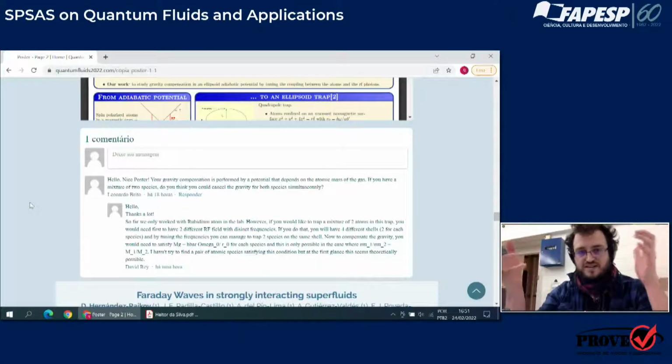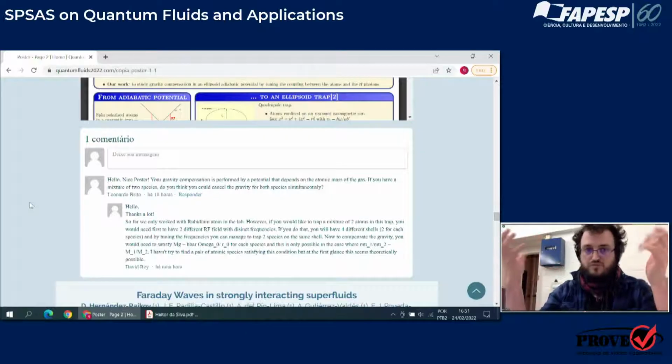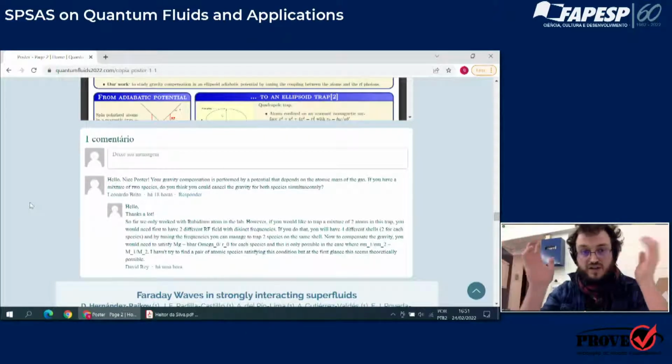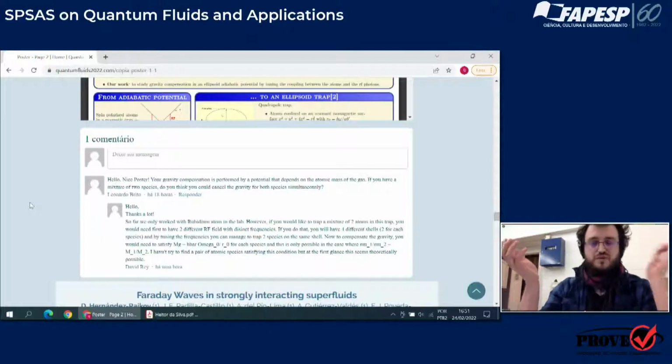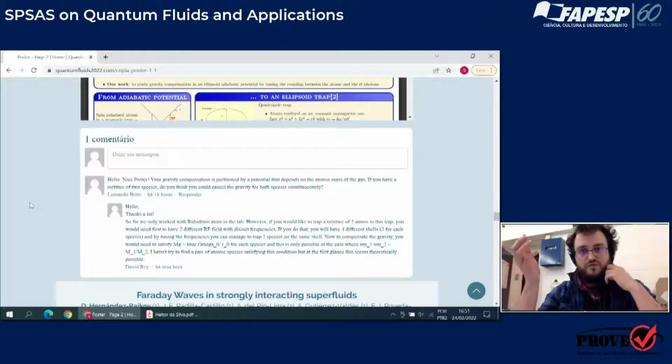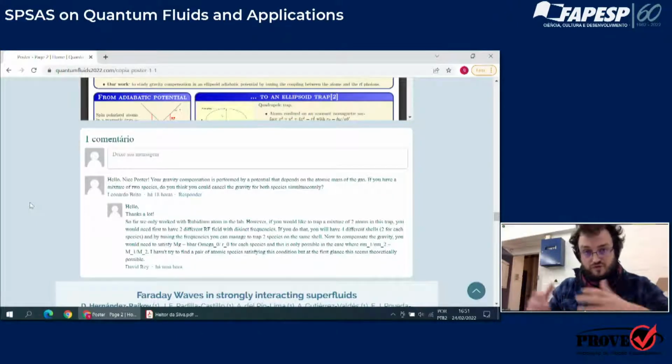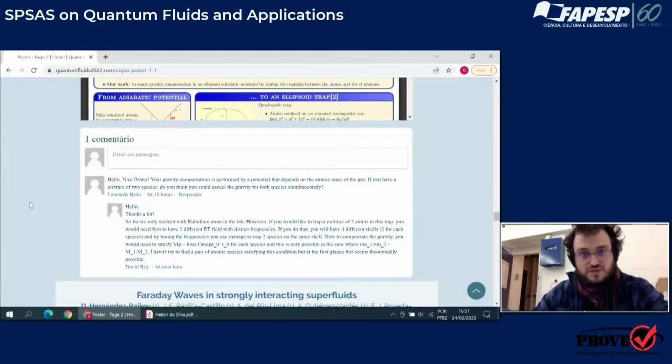That's a quite rigid condition, and I haven't looked for a practical example, or whether it is possible with atoms that you can trap in the lab. But that would be my answer: it's maybe theoretically possible if you can satisfy this condition.